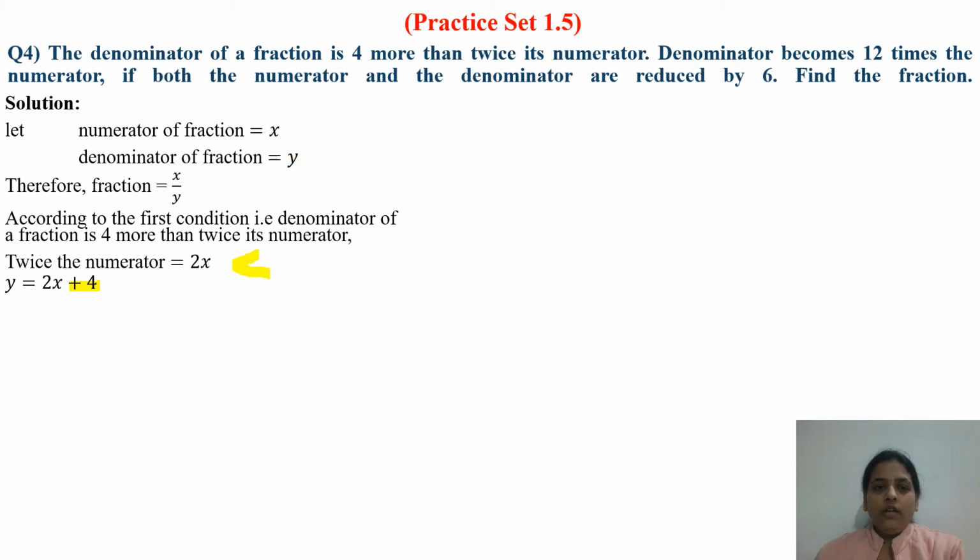So this is the first condition. Rearrange this equation: 2x minus y is equal to minus 4. This is your equation number 1. Because we change the side of y, it becomes minus, and we change the side of 4, therefore it is minus 4.